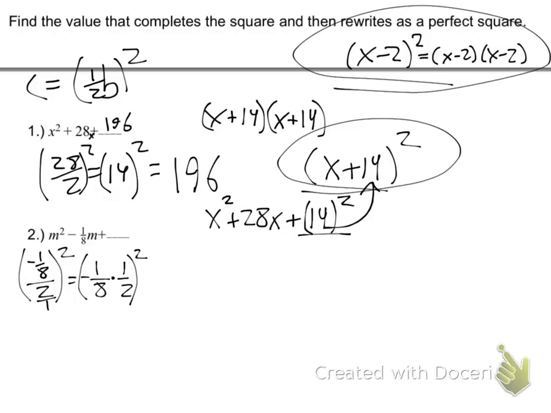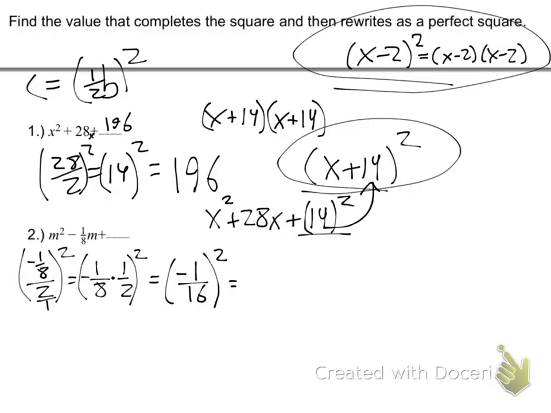Now, how do you multiply fractions? Multiply across. So this would be a negative 1 times 1, which is negative 1, and 8 times 2 is 16, squared. Okay, and how do you square a fraction? You square the top and the bottom.